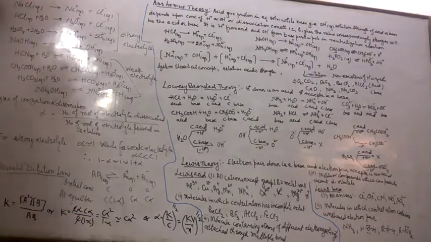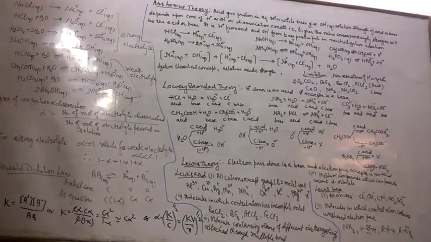So if I take 1 mole HCl dissolved in 1 liter solution and 1 mole acetic acid in 1 liter solution, more conduction takes place in case of HCl and less in case of acetic acid because ionization is less. Fewer ions are formed. Reversible sign is there.